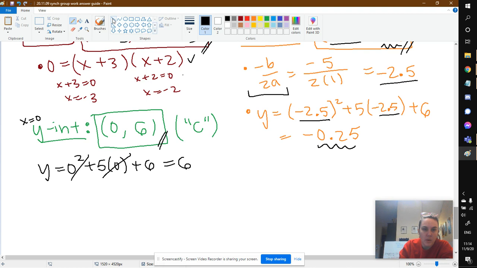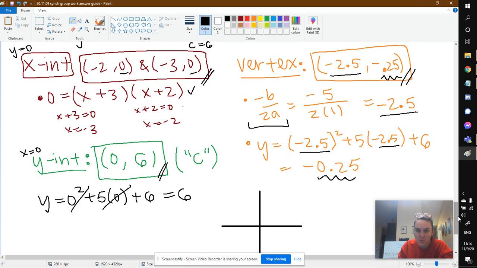If we then wanted to use these 4 points to graph our equation, let me see, 6 is the biggest one. Nice. The way we do that is we just plot all the points.